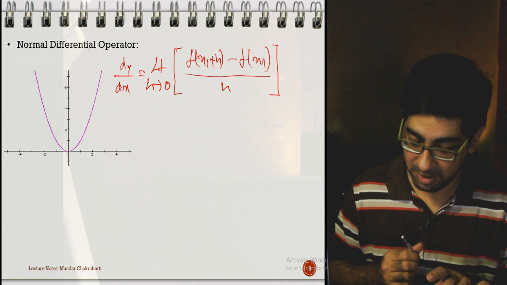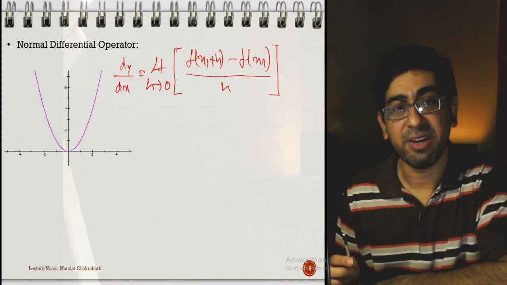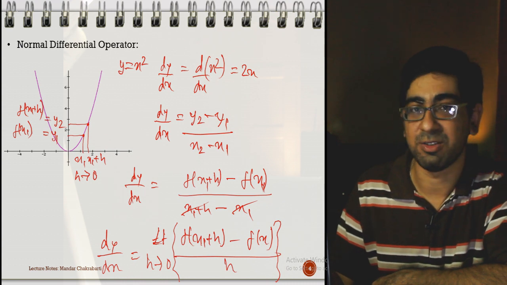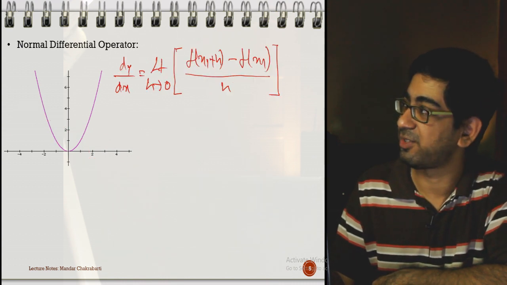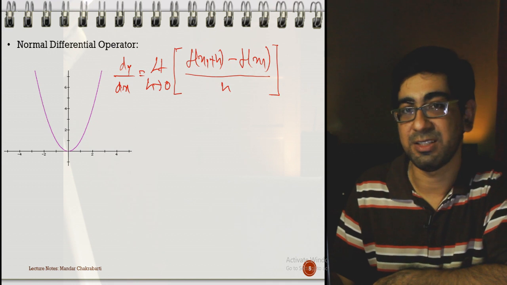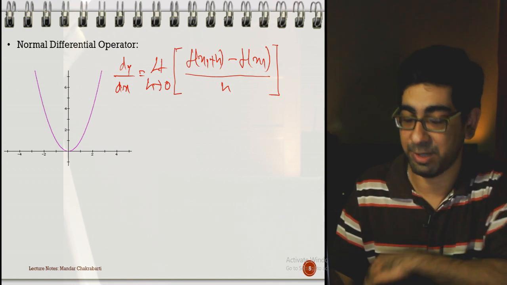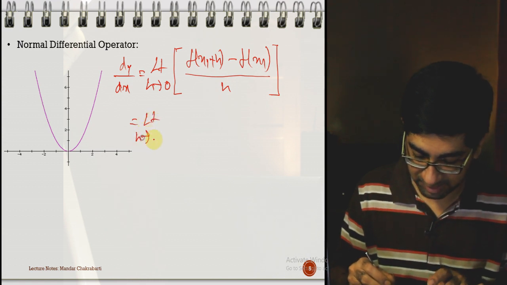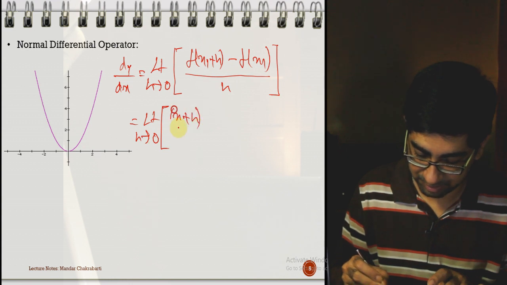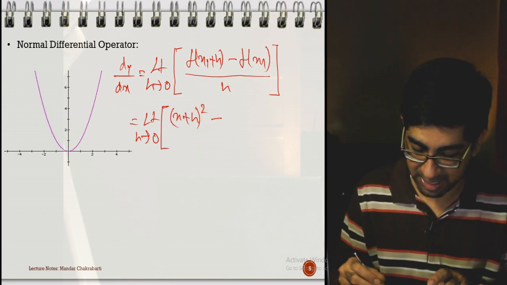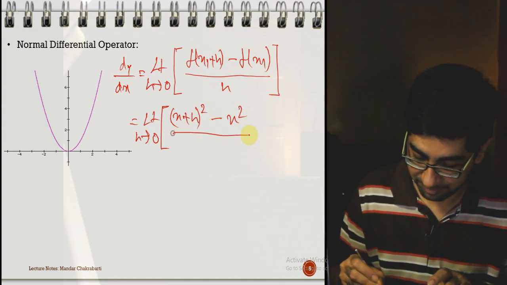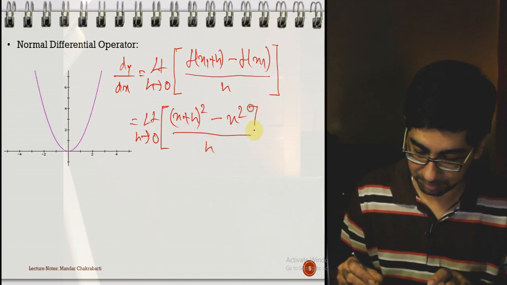There you go. Alright, so f of x1 plus h, the original expression was y is equals to x square. So f of x1 plus h is basically going to be x1 plus h whole square. So that means limit h tends to 0, x plus h whole square minus x square divided by h.